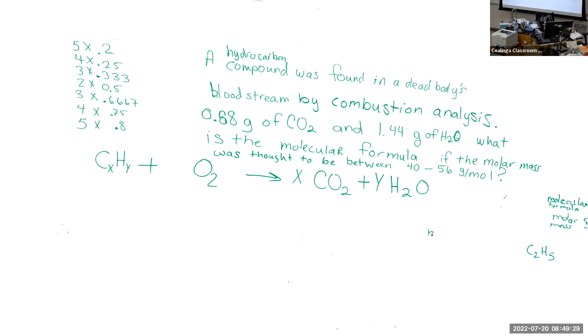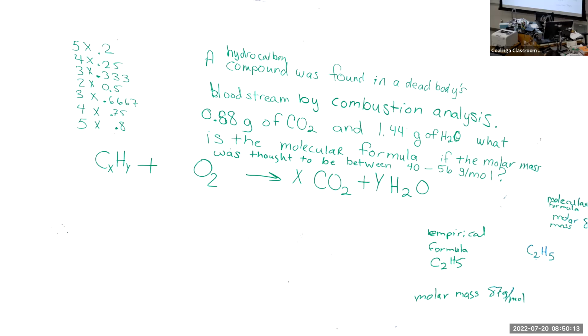If I have the empirical formula for a compound, C2H5, and then I tell you that its molar mass is 87, can you tell me what the molecular formula of the compound is?